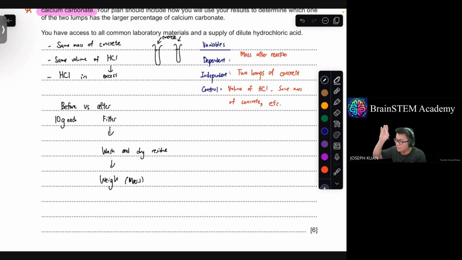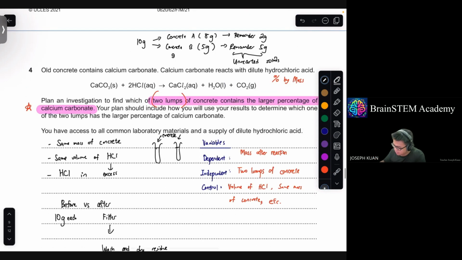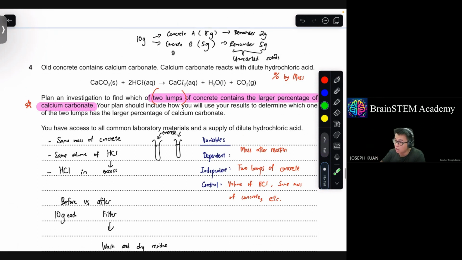Okay, and then how does that lead to your conclusion? As you can see from the example I gave just now, the one with the lower mass remaining will have the highest percentage of calcium carbonate.